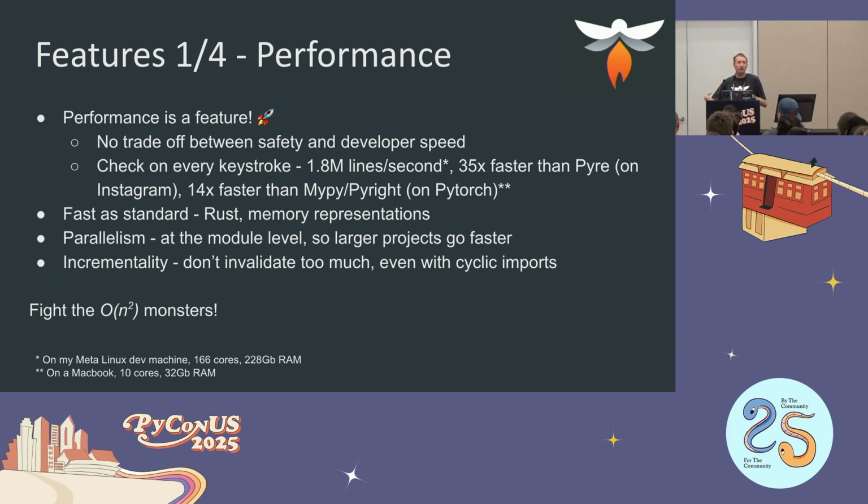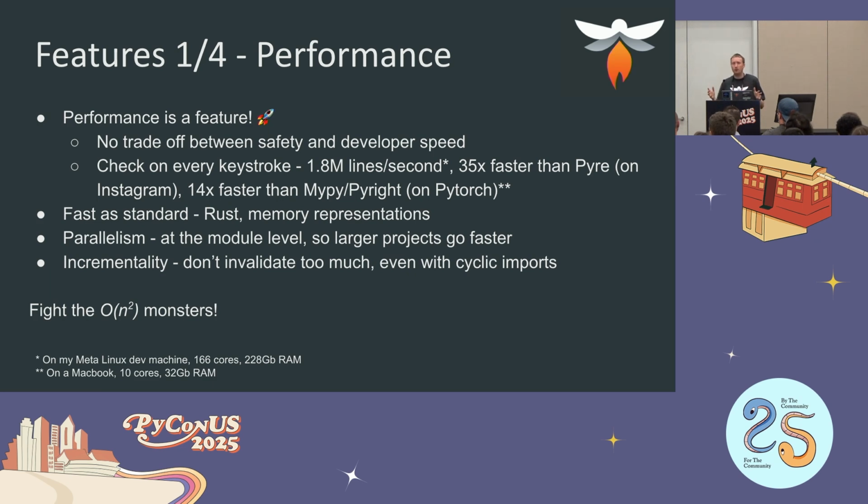And then for even larger projects, we have some very important incrementality features. So if you change a key, if you add a character in this file, and it doesn't impact the rest of your project, we won't check the rest of your project. So this gets us under 100 milliseconds in most cases, even with cyclic imports, and that's on the very large projects we test on.